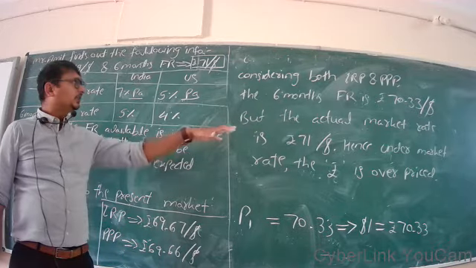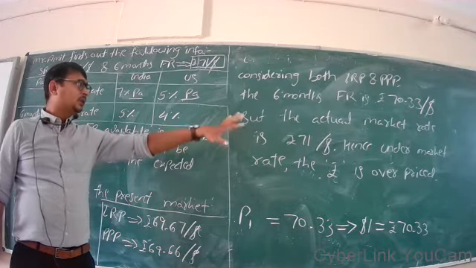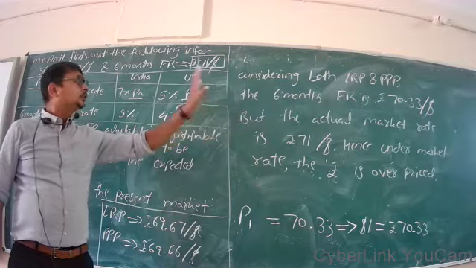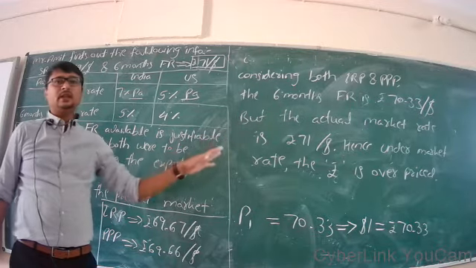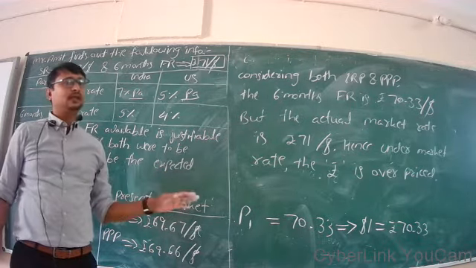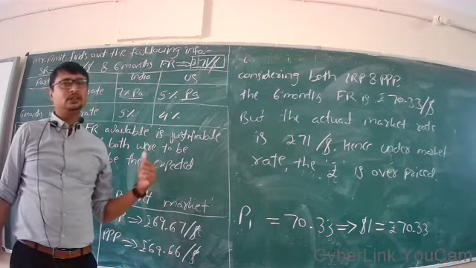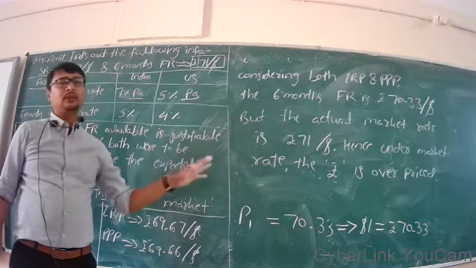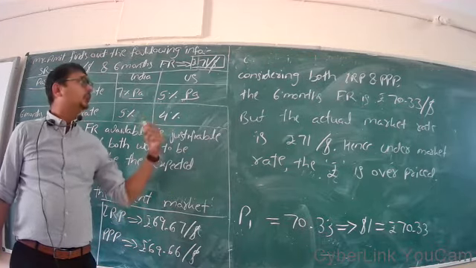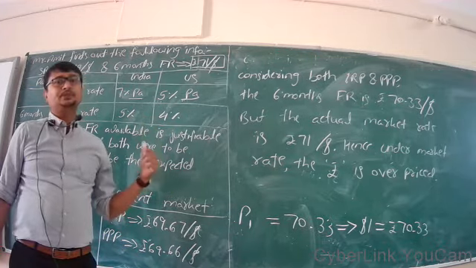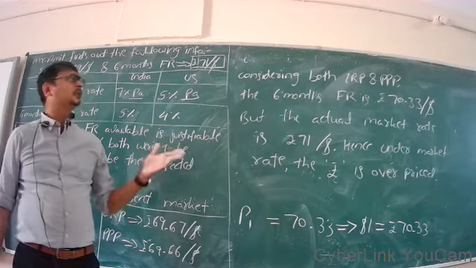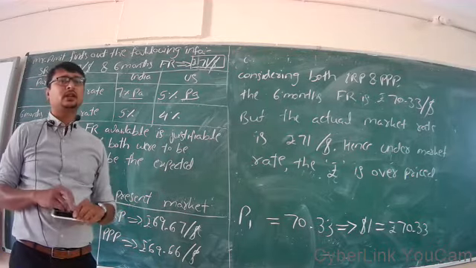So almost 67 paise. So under market, rupee is overpriced. But if we consider both the IRP and PPP theories, the exchange rate might have been rupees 70.33 per dollar.